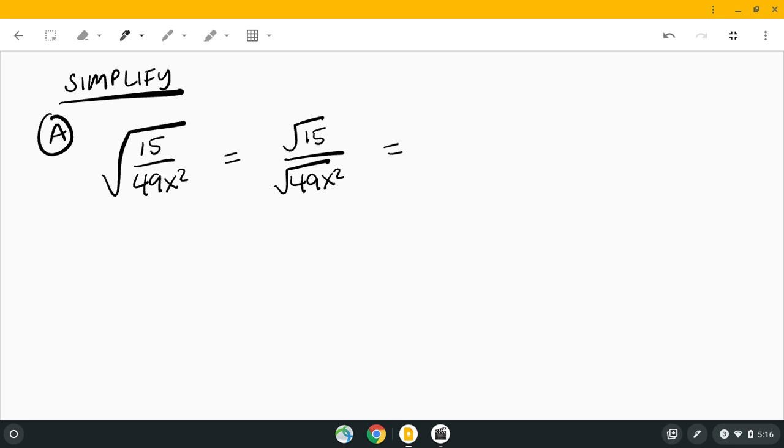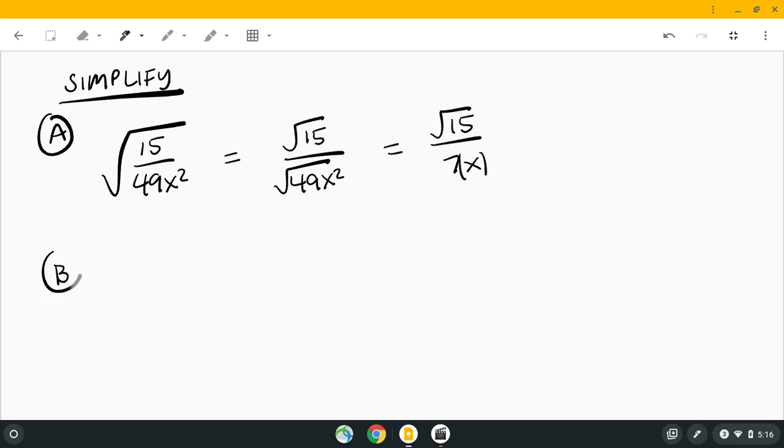Okay, so I will keep the square root of 15, but down below I get 7x, or 7 absolute value of x, because we are taking the square root.